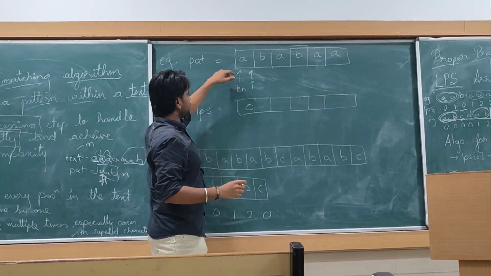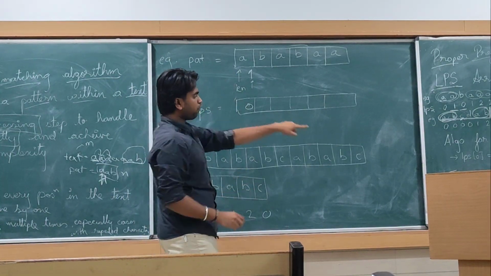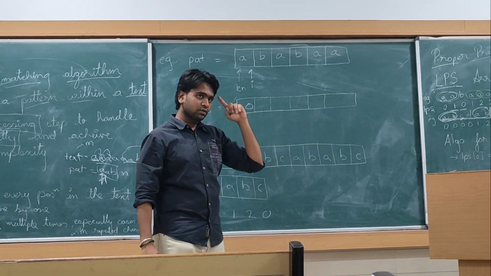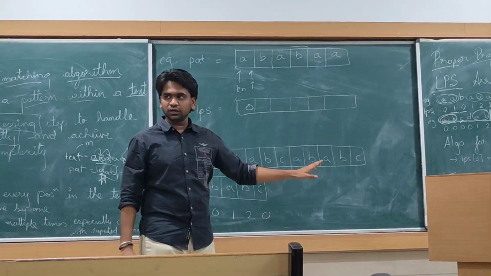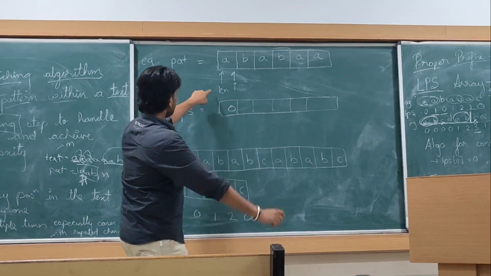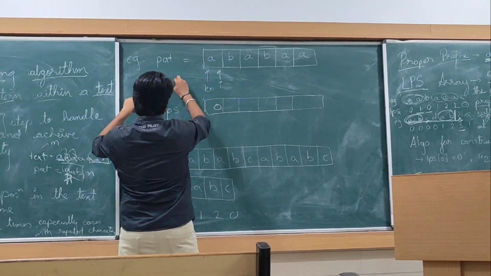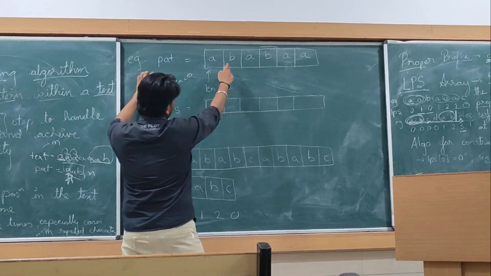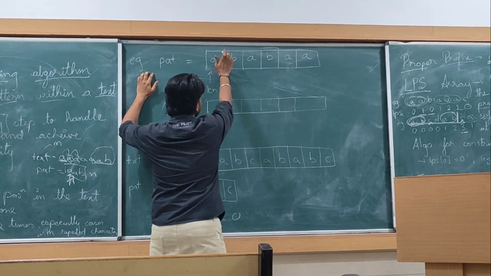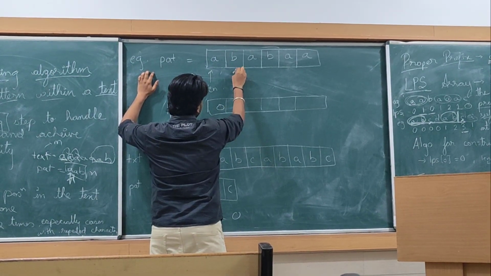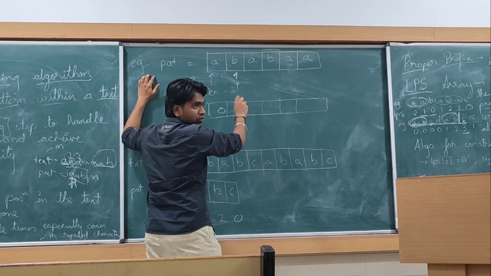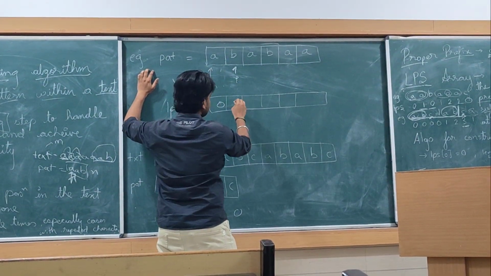Just create an LPS array, with length is 0. Follow that algorithm step by step, बहुत clear हो जाएगी चीज़, right? Length is 0, A B 0, right? I move I here, length is 0, A and B don't match, 0.